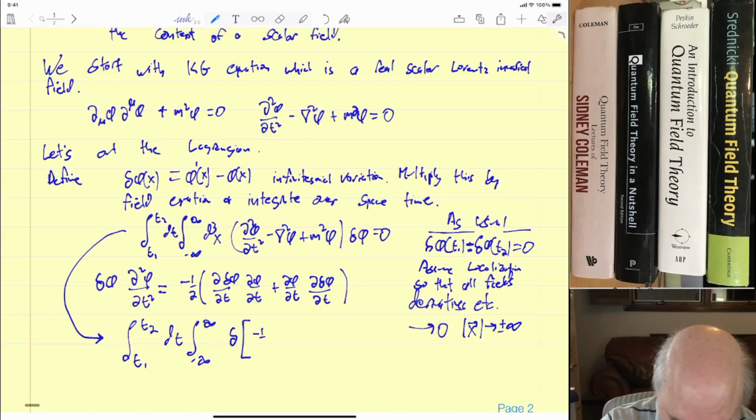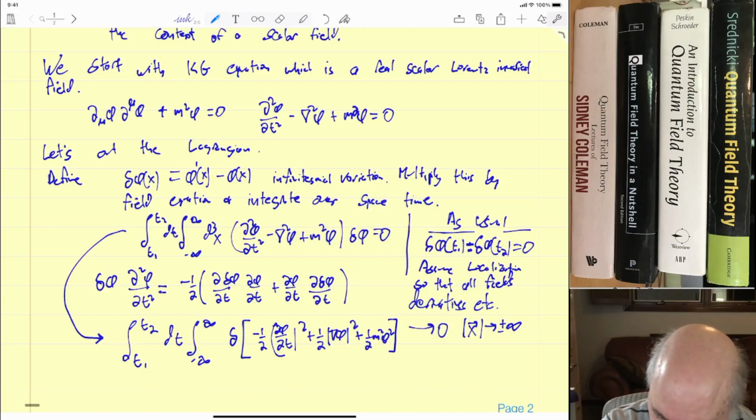My signs may look like they're off, but they're really not, I don't think. This whole thing is equal to 0.